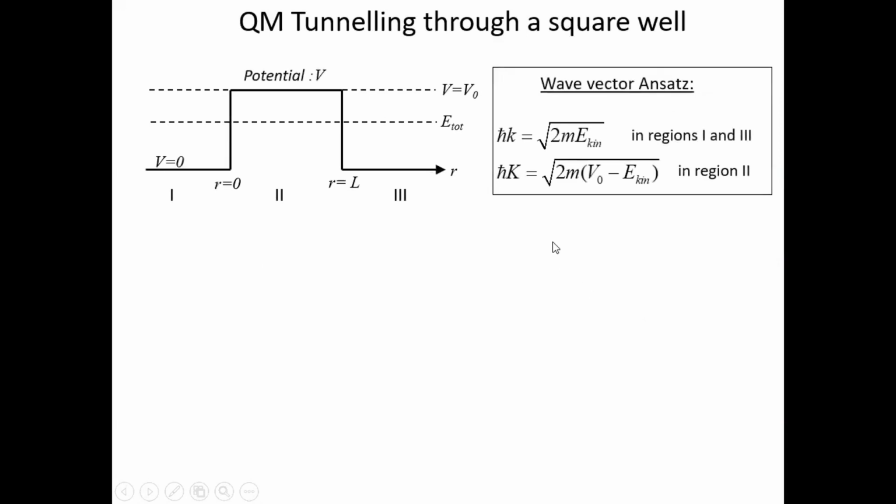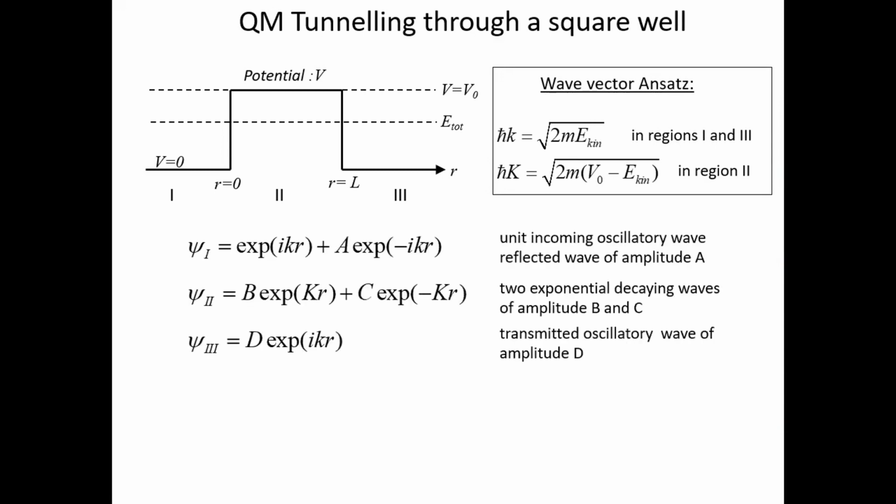Quantum mechanical tunneling through a square well is basically responsible, and George Gamow originally told us that when the alpha particle is coming out, it is tunneling through the square potential well.